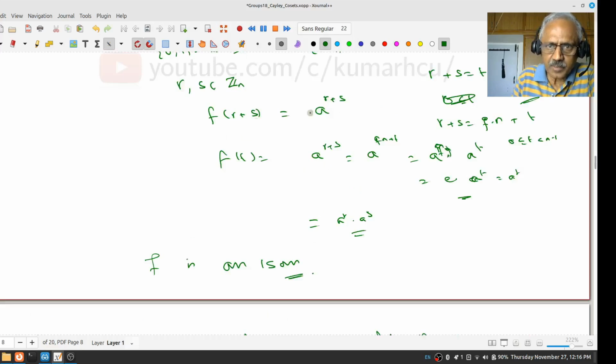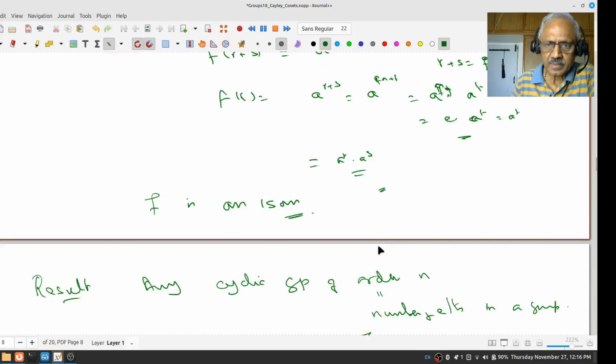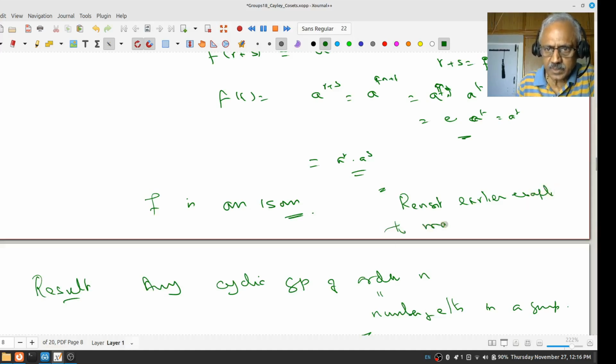F of r plus s will be a power r plus s, but r plus s is f of t, then a power r plus s is same as a power r into a power s, that is also a power t. Okay, please revisit the earlier example to master this.